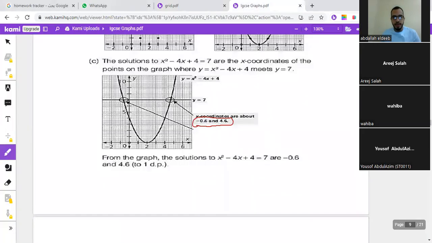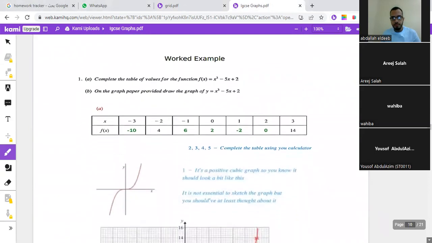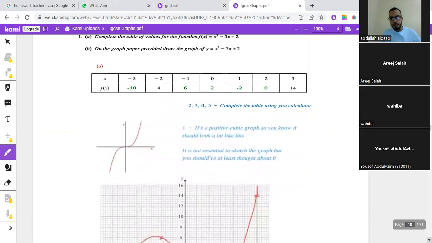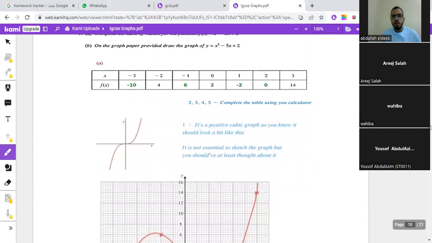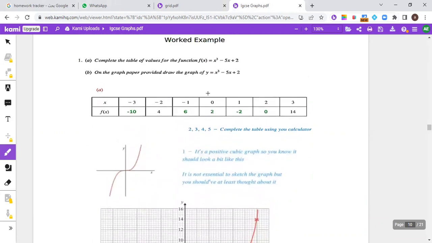Let's complete. Here, guys, you can practice this example at home. It's already solved for you.